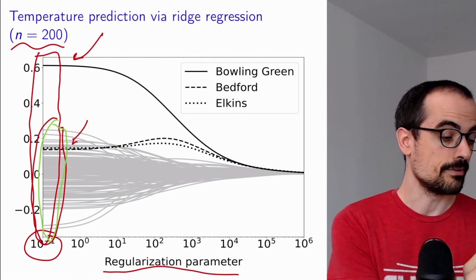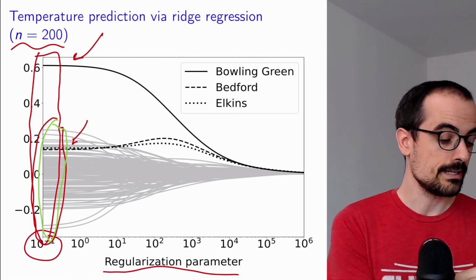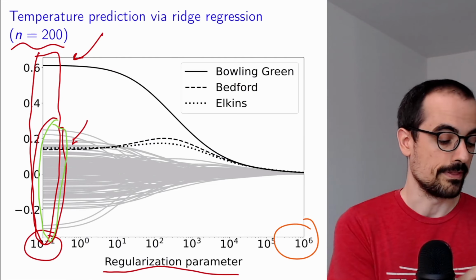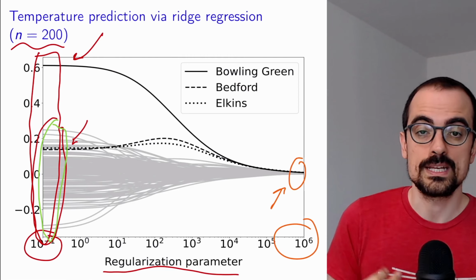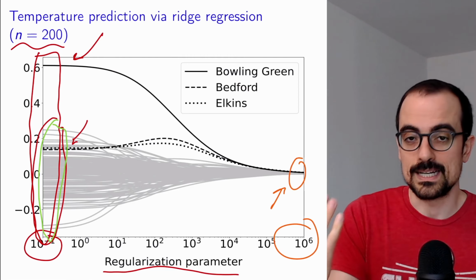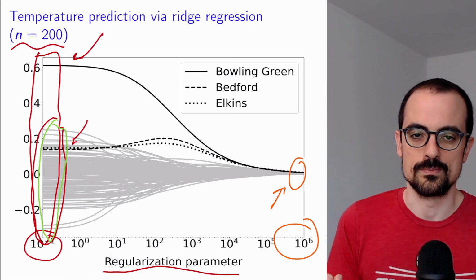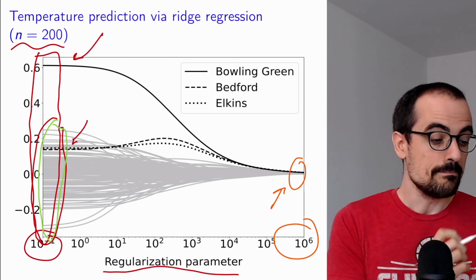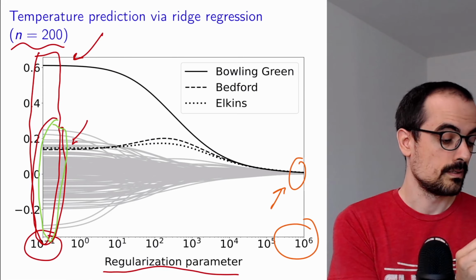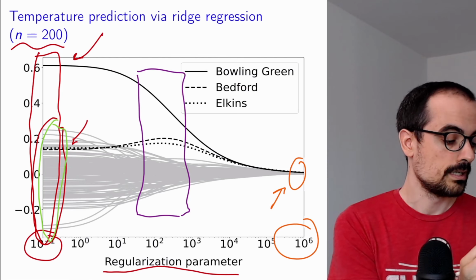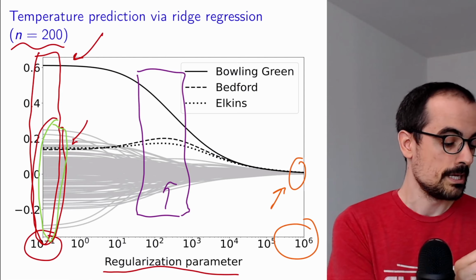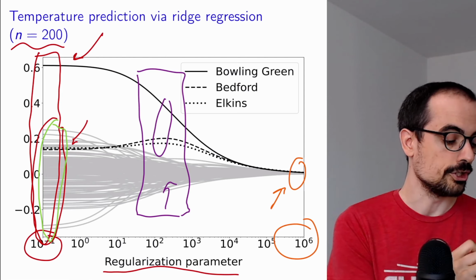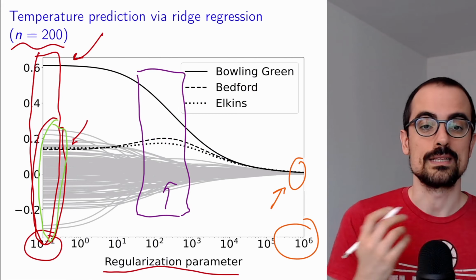When the regularization parameter is very big, what happens? Everything goes to 0, because the regularization term in the cost function dominates, and the best way of minimizing that is just setting the coefficients extremely small. In between, something interesting happens because the other coefficients become very small, but these coefficients that are geographically meaningful are quite large.